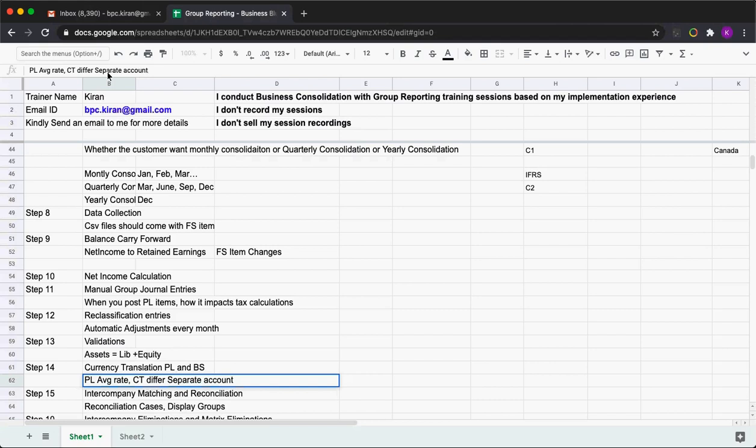Same way, you calculate net income, and the difference goes to one of the accounts: currency translation account, difference account or adjustment account.